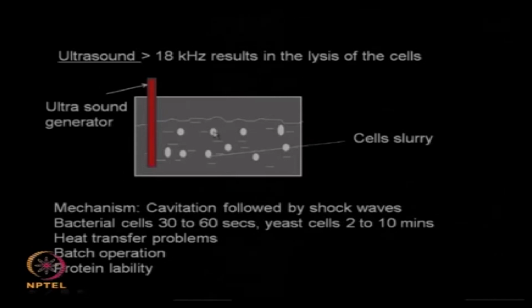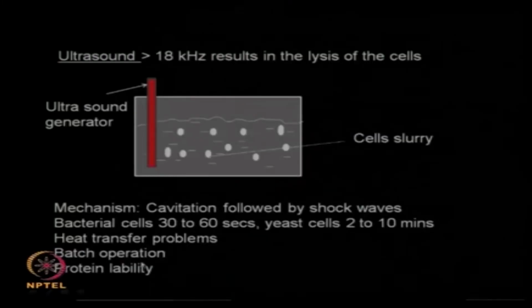By that time the cell walls will break. Some of the problems in ultrasound is heat transfer problems. That means the heat generated inside the slurry or the bath is high. So if you use the ultrasound equipment for a very long time, you may be generating very high temperatures, and if there are proteins or enzymes present, they can get deactivated.